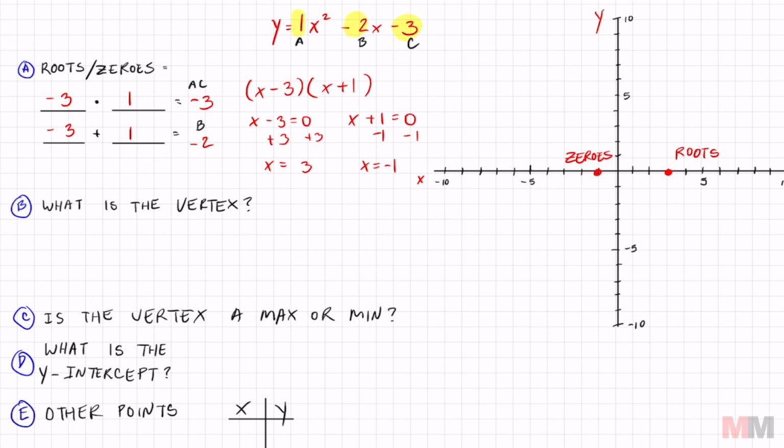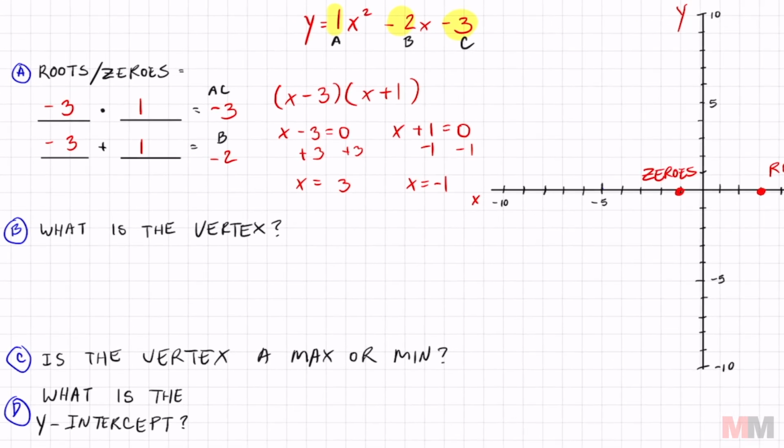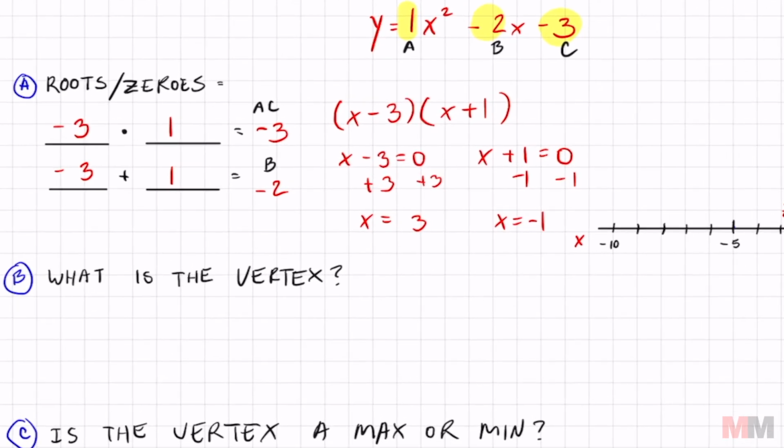B, do you guys remember the vertex formula? The vertex formula, if you forgot, is X equals -B over 2A. And that's why we labeled that also. So we just got to plug in the values, and this is a super common mistake. Just put the negative, and that negative comes from the formula, and then put an empty set of parentheses.